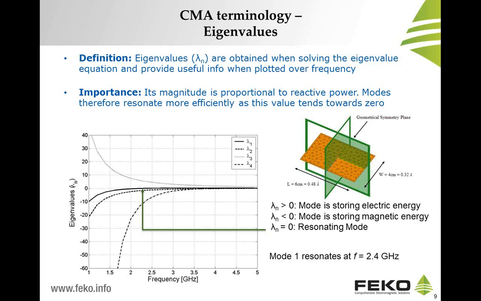I think it is also useful to mention at this stage that our eigenvalue solver returns the modes according to this quantity. The order in which the modes are returned, that is mode 1, 2, 3, and 4, is the order in which they radiate efficiently at a certain frequency. This concept will again be explained a little later when I talk about mode tracking.